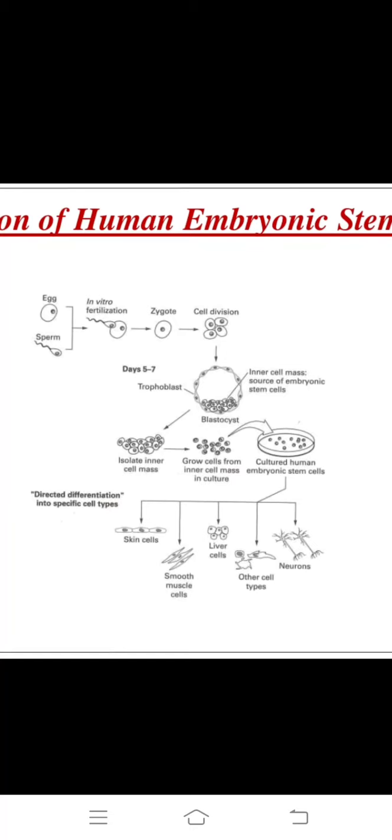These cells are derived from the epiblast tissue of the inner cell mass of the blastocyst. Okay, first we say egg and sperm in vivo, we all know, but in vitro culture or in vitro fertilization forms the zygote. Okay, fertilization is in vitro.